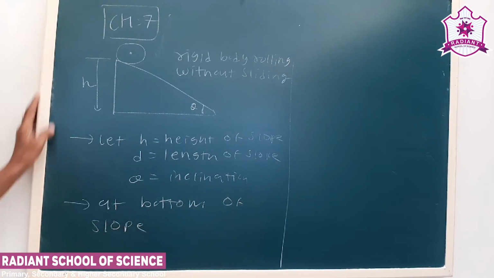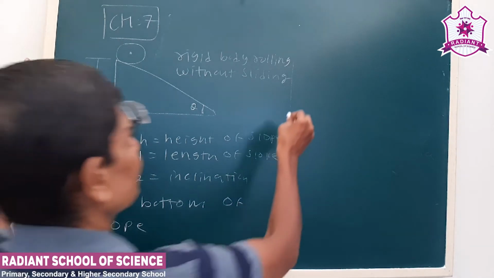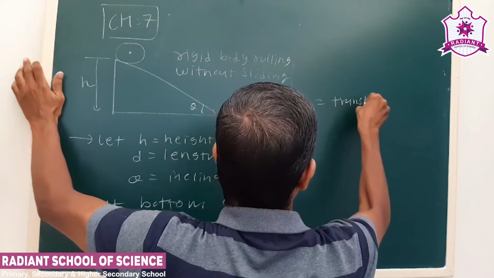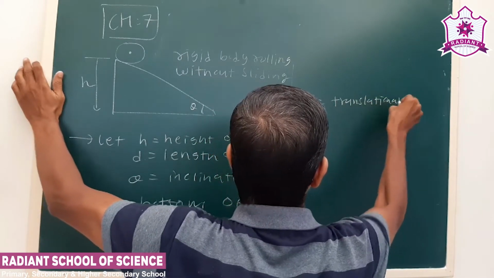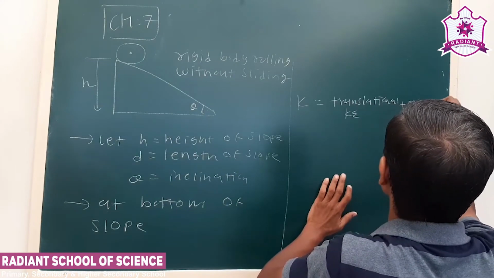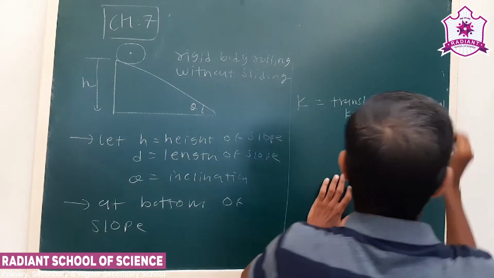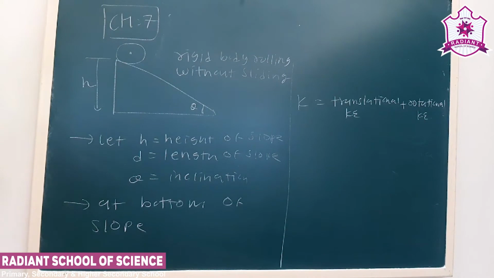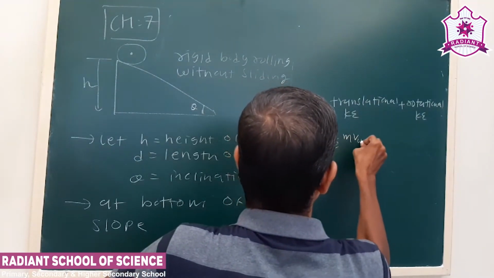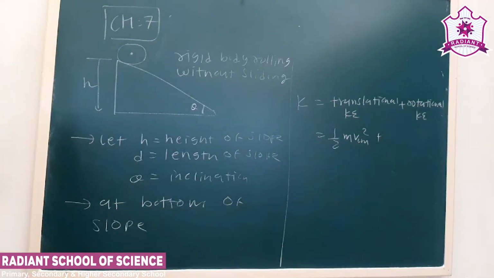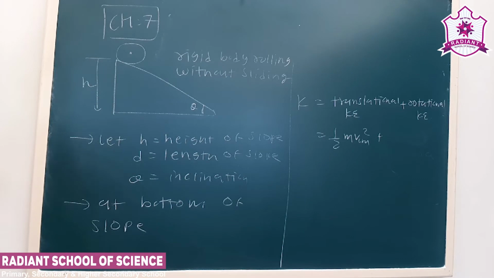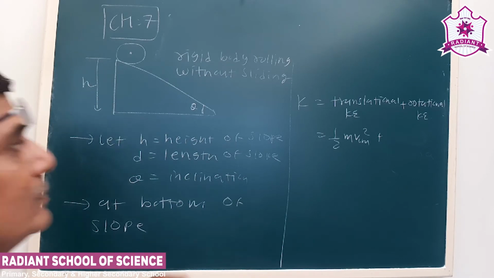total energy, that is K, is equal to the translational plus the rotational kinetic energy. Now see, what is the equation of the translational kinetic energy? See, here we write in terms of the motion of the center of mass of a body, so that's why we write 1 by 2 m v.